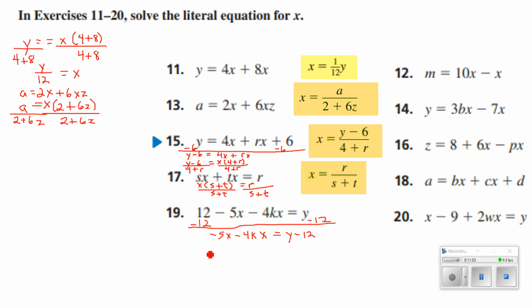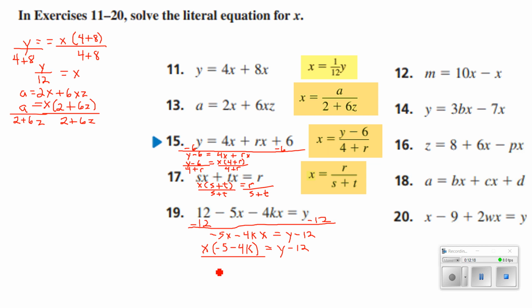Okay, next I'm going to factor out my x. I know x times negative 5 will give me negative 5x, and x times negative 4k will give me a negative 4kx. Everything's equal to y minus 12.